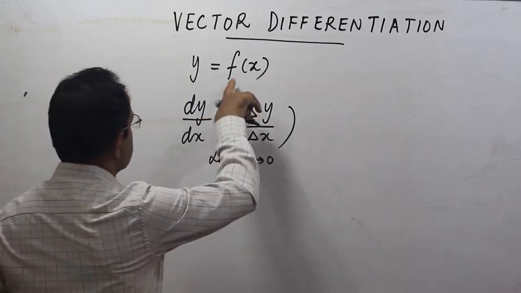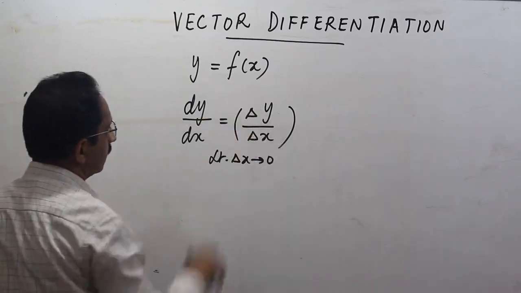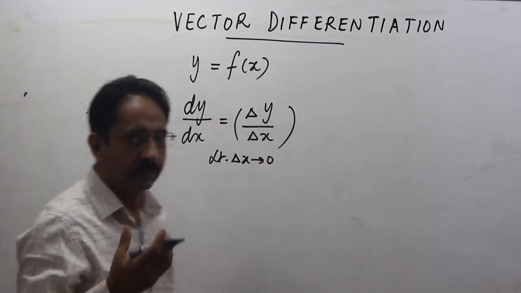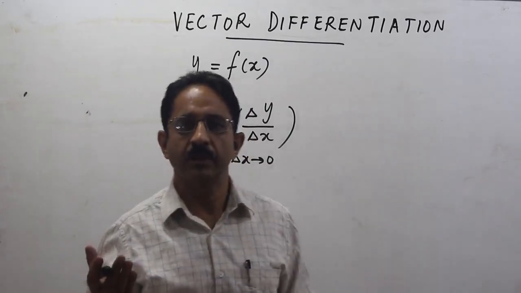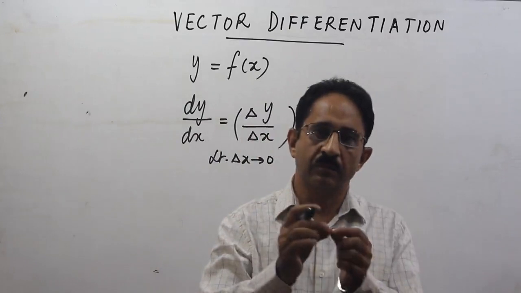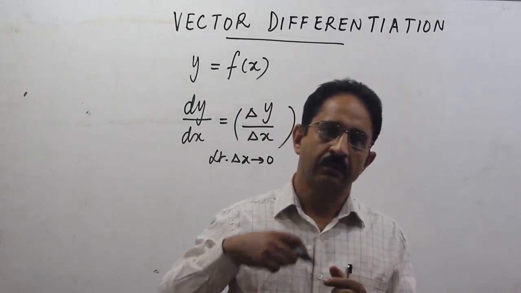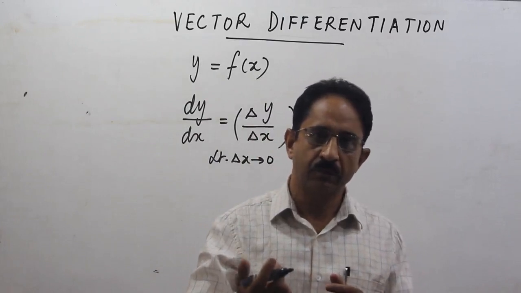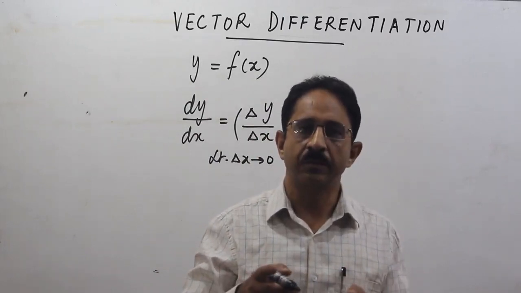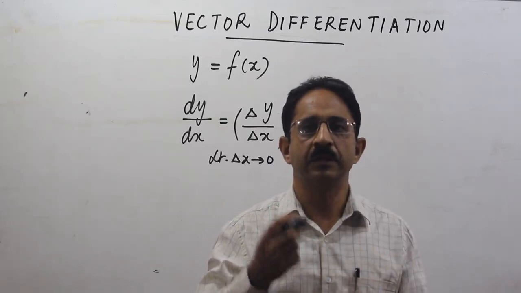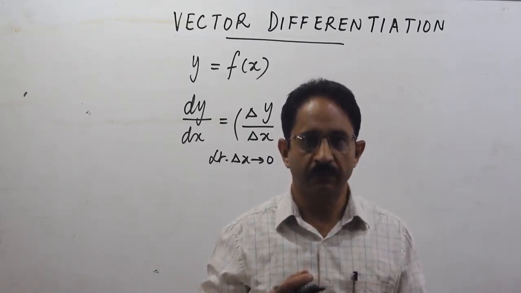So if there is a value of the function at some initial point, then we take a small change in the value of the independent variable x, the function acquires a new value, we find the difference of the two and divide by the change in value of the independent variable.